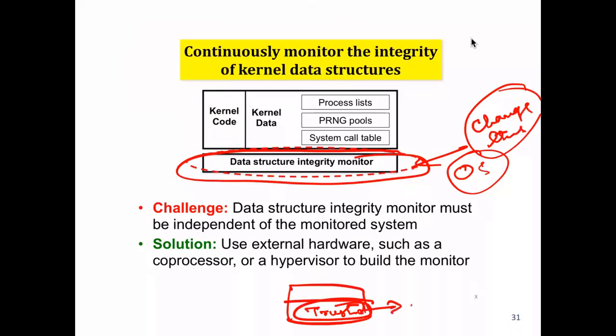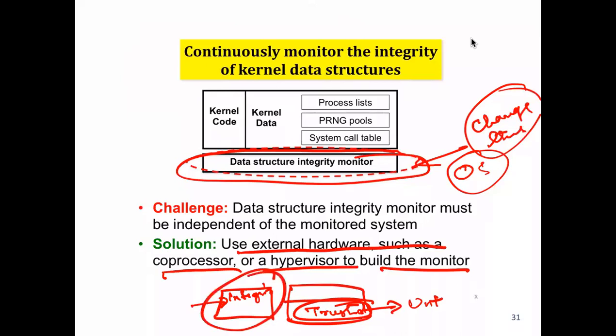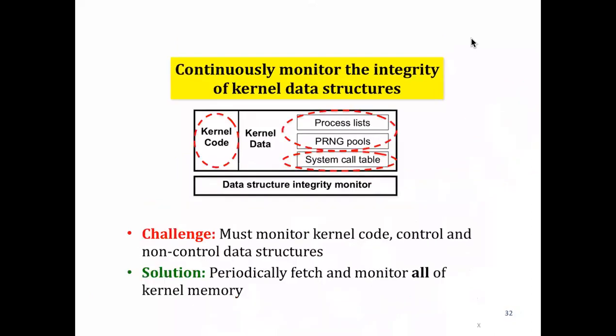But if it becomes untrusted, then there is a need for some separate, higher level of trust in the system that will run this integrity monitor. So we can use external hardware such as a coprocessor, a hypervisor, and so on. We can have a separate system that will check the data structures of a machine. How can you design this? Think about it.